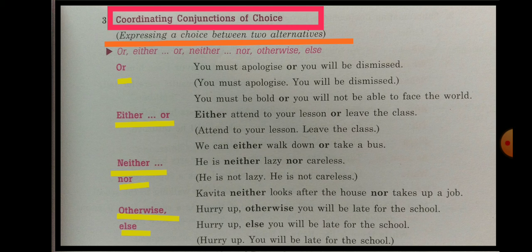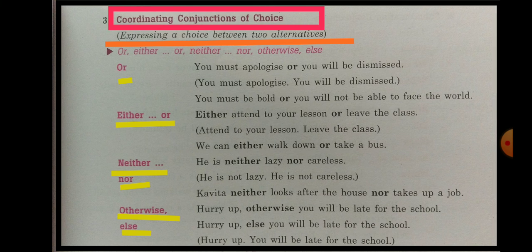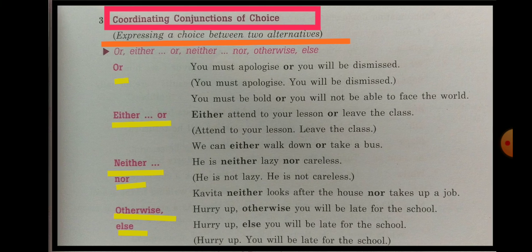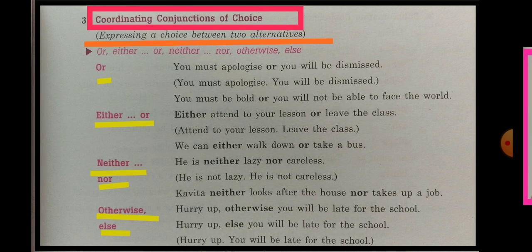So you have two alternatives, you have to choose one. If such a condition is there, we will use a coordinating conjunction of choice. Either or: either attend to your lesson or leave the class. Two alternatives, so we will choose a coordinating conjunction of choice. Neither nor, otherwise, else, these conjunctions are also used for choice.